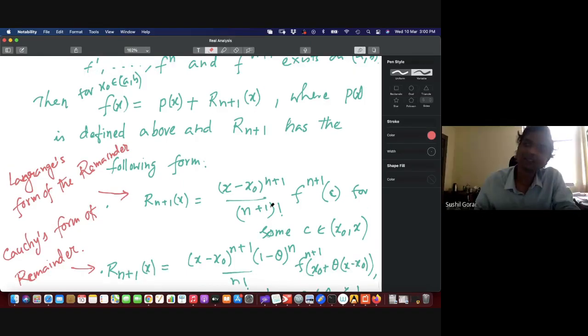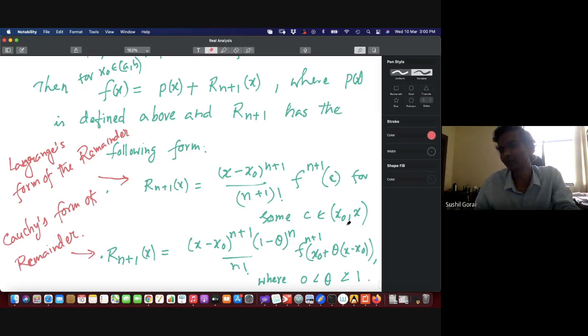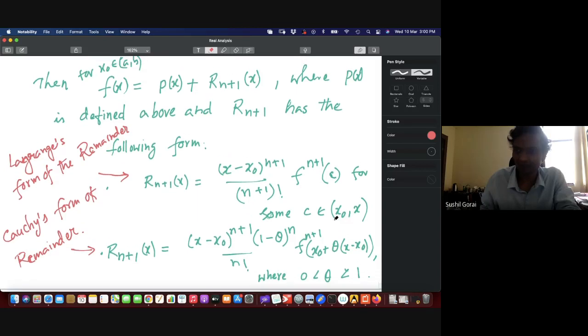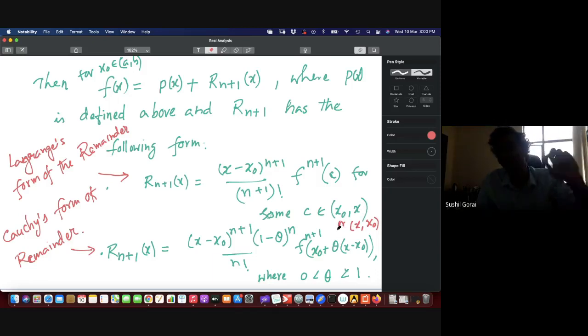Oh no, then it will be x to x naught, you are right. So x can be smaller than x naught also. In that case, it will be just the segment joining x and x naught.